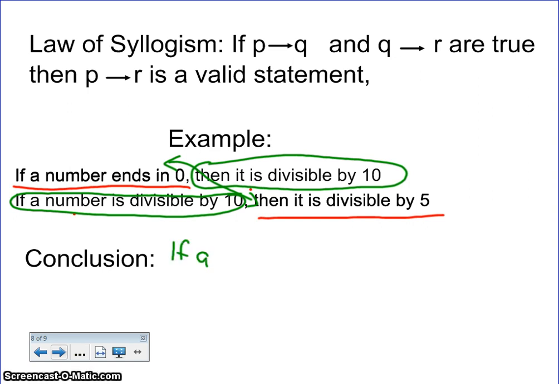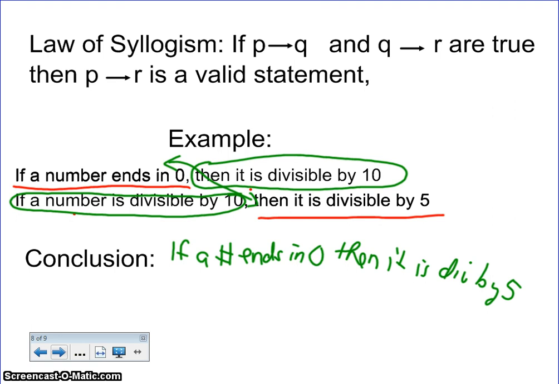If a number ends in 0, then it is divisible by 5. So that would be your conclusion based on the law of syllogism.